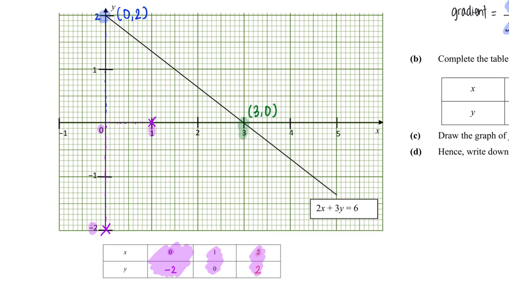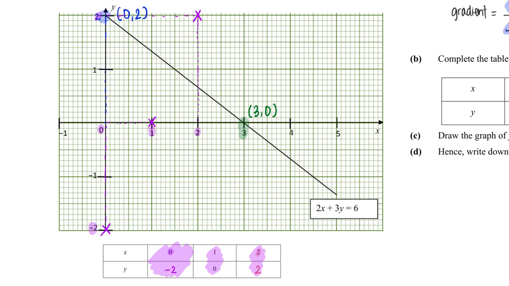So when x is 2, which is here, we have to go up to the point where y is 2. So it's this particular point.